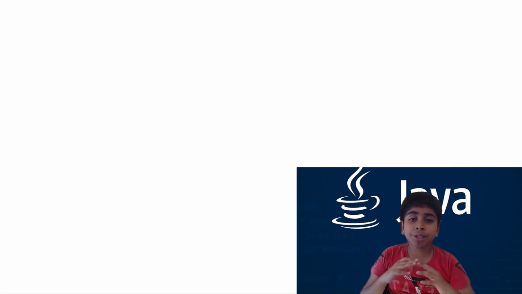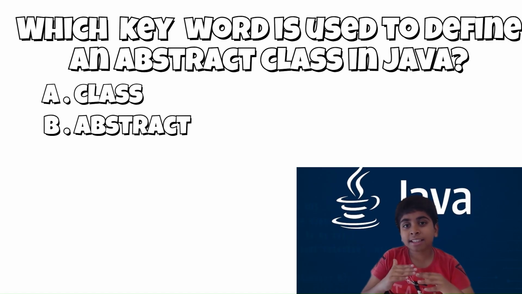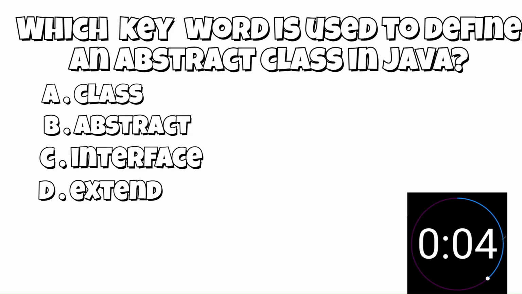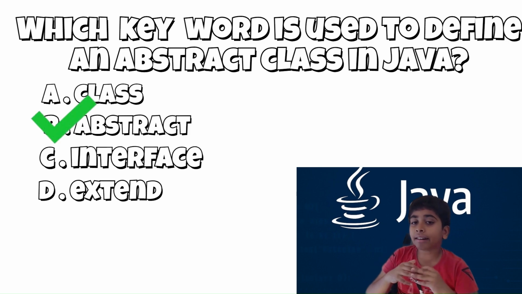Question number 3. Which keyword is used to define an abstract class in Java? A. Class. B. Abstract. C. Interface. D. Extend. So if you chose B, abstract, that's the correct answer.